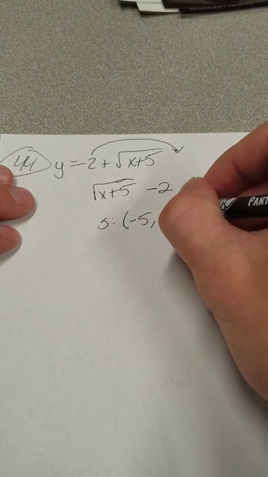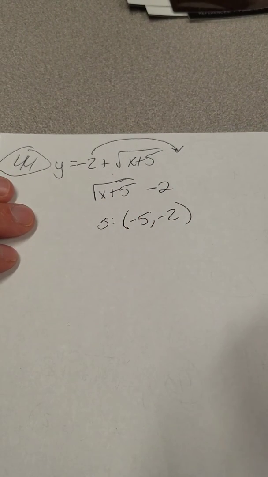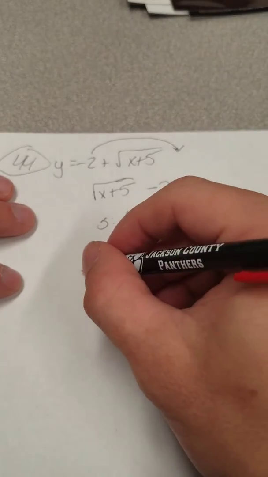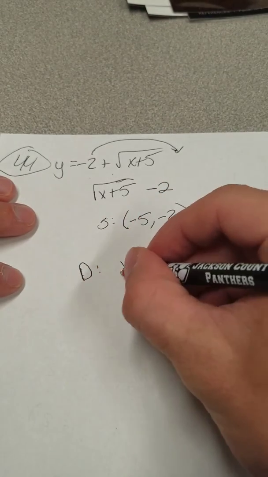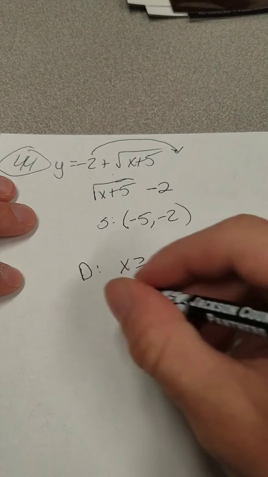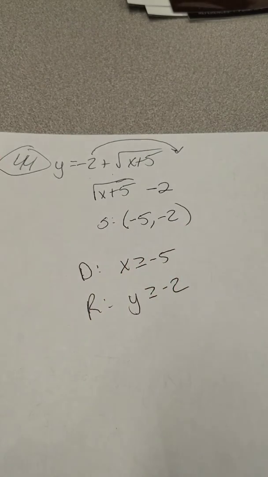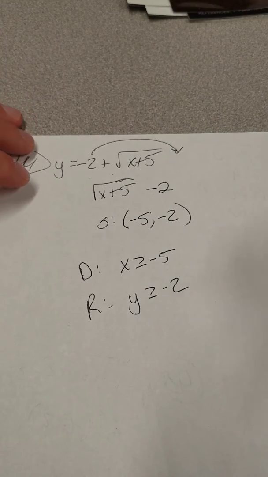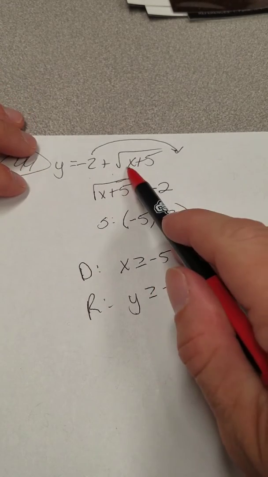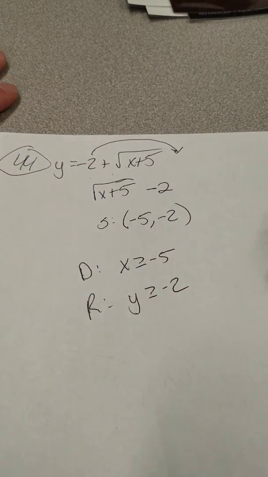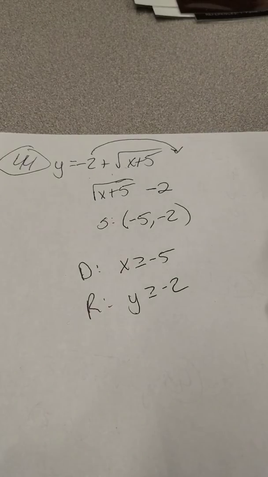So starting point's at -5, -2. So that means my domain is anything greater than -5. My range is anything greater than -2. Okay? The only time that would change is if there's a negative out here or a negative right there. There's not, so no reason to worry about what's going on there.